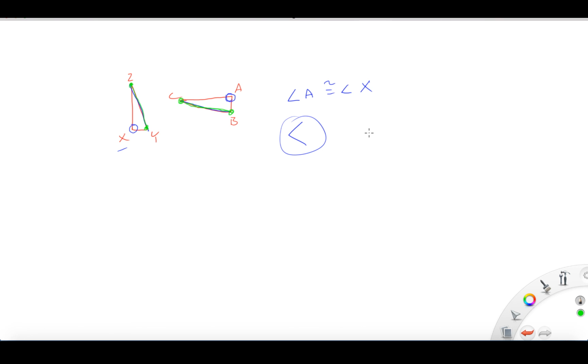So line BC is equal to and congruent to line YZ. That would be our answer. Okay, just like this is our answer. All right, I think you can see this pretty easily. Pretty simple lesson, and if you have questions, be sure to ask.